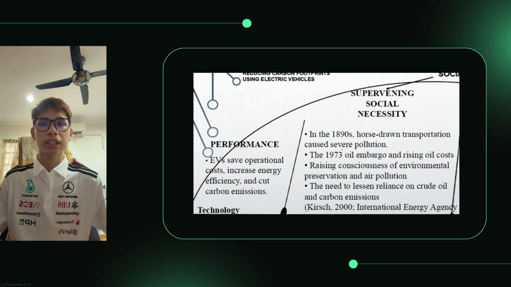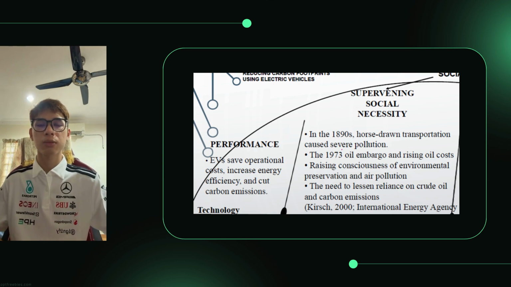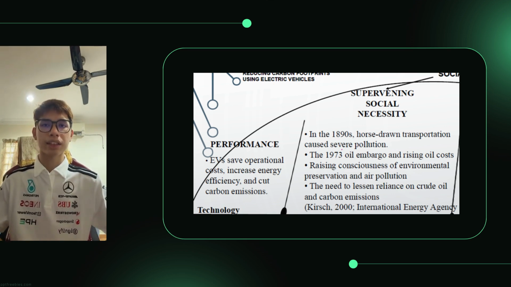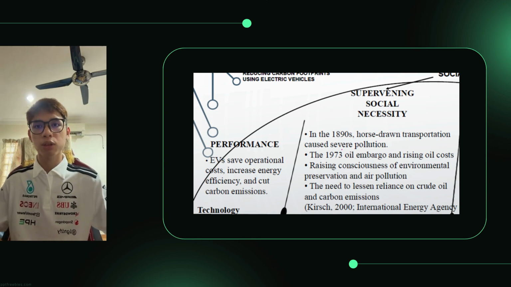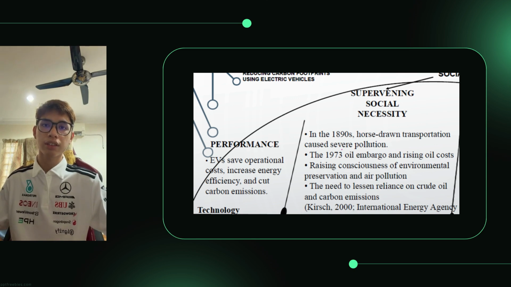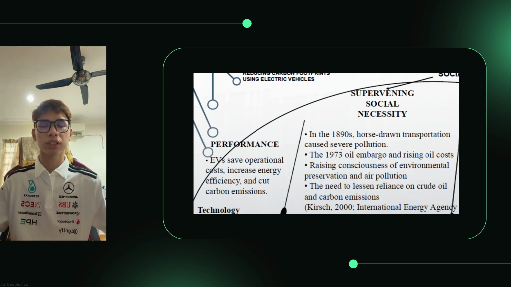Later, during the 1973 oil embargo, oil prices increased significantly, making people realize the risk of relying heavily on fossil fuels. At the same time, public awareness about environmental protection and air pollution also increased. As a result, society began looking for a cleaner and more sustainable form of transportation. This factor created the demand for electric vehicles.